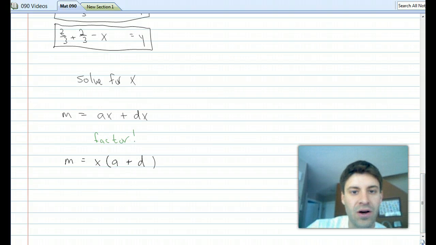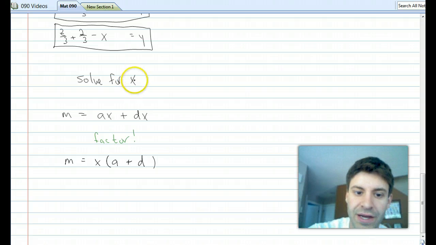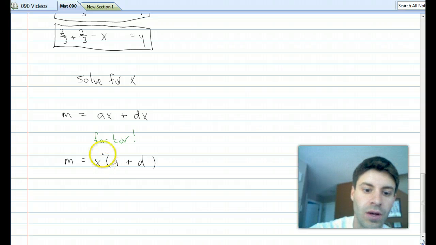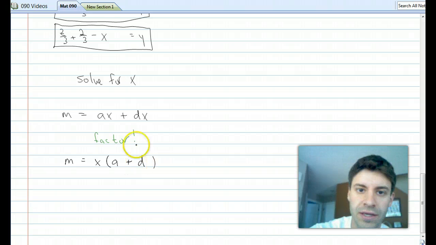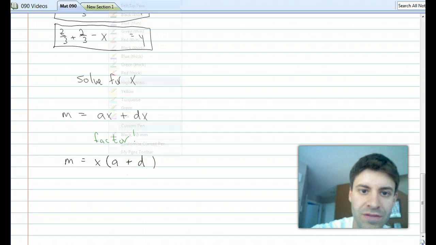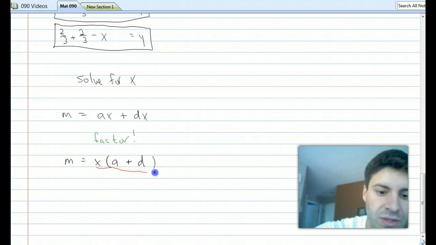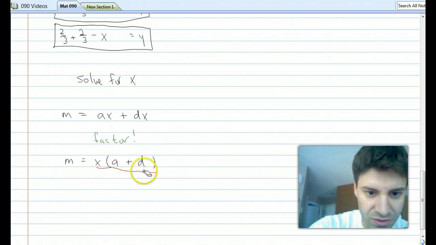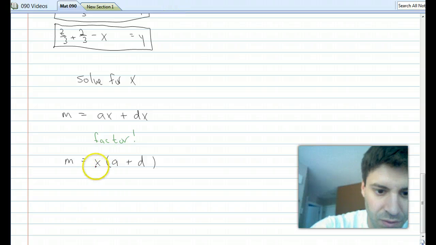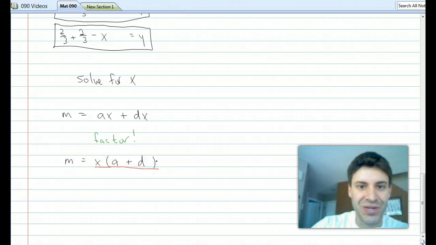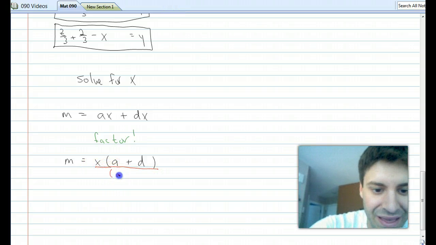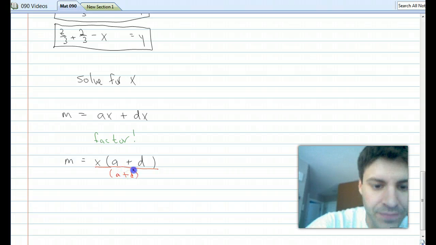So now it's much easier to get x by itself. The goal in this problem is to solve for x, and there's only one x in the equation now, so that's fantastic. However, it's multiplied by an a plus d, this whole quantity. To get rid of that a plus d, since it's multiplied by x, what we do is we divide both sides of the equation by a plus d.